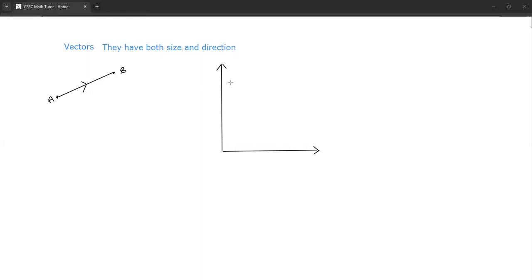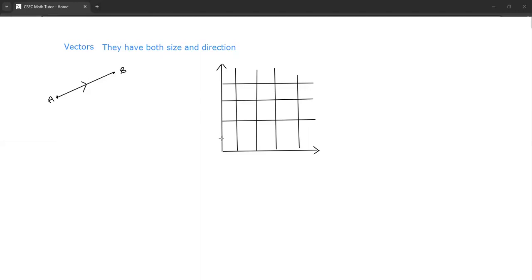Right, so let's say I have a little graph. So this is my y and my x-axis. So let's say I have a graph and it's going like this.